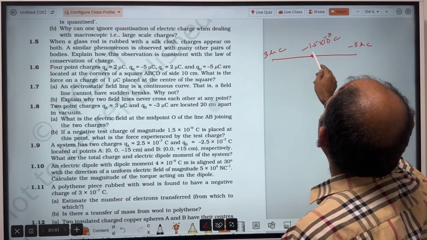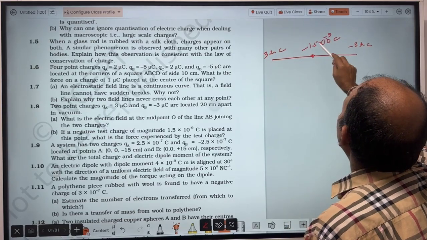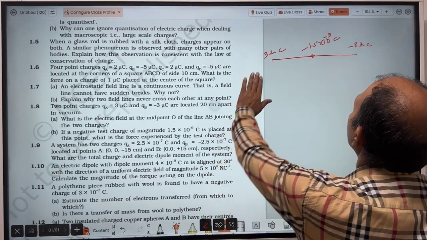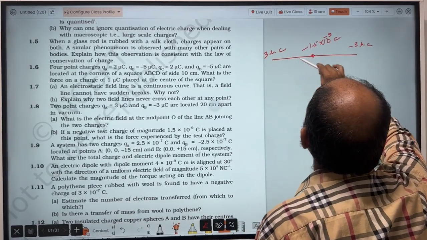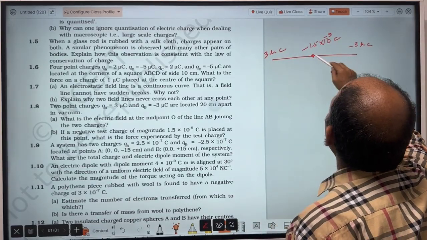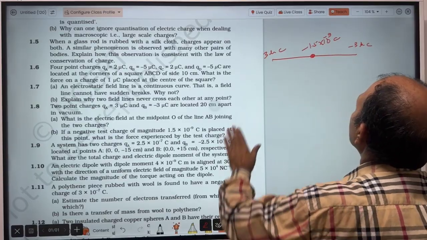Force on this charge is to be found. So you can keep the other charge as constant. Suppose this is stationary and you observe the motion of this charge.